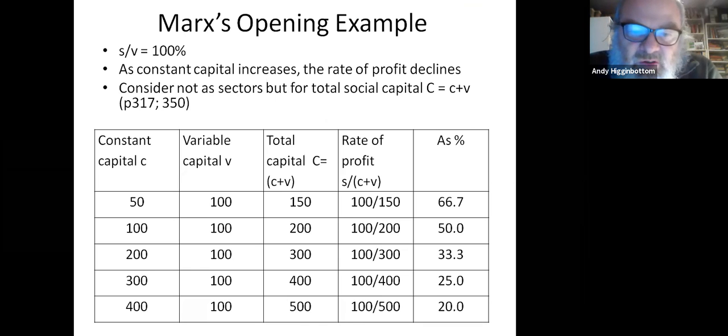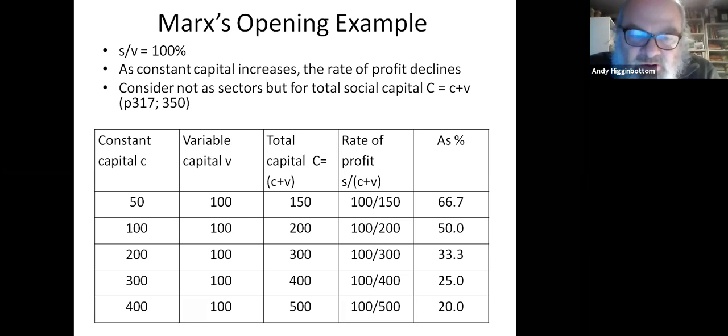So if you see the column variable capital of 100, then there's also an implied column of surplus value of 100 for each of these different cases. But what varies is the amount of constant capital, i.e. the amount of investment in machinery, technology and raw materials. In the way Marx presents the transformation, he uses this type of variation to look at different sectors, more or less capital intensive sectors.